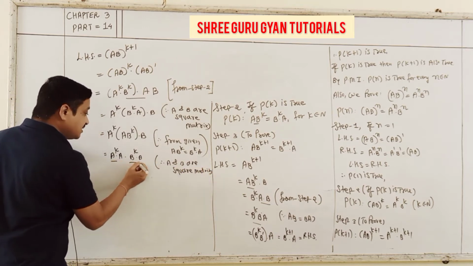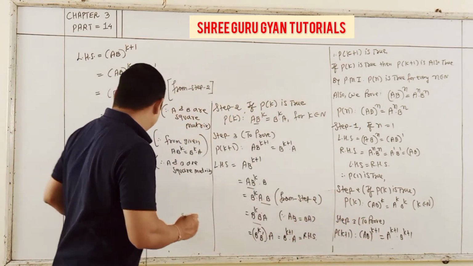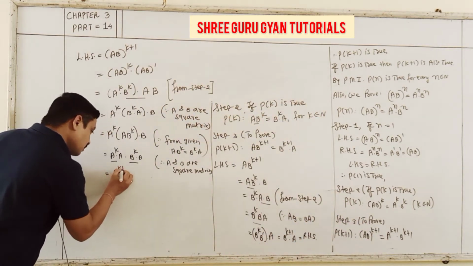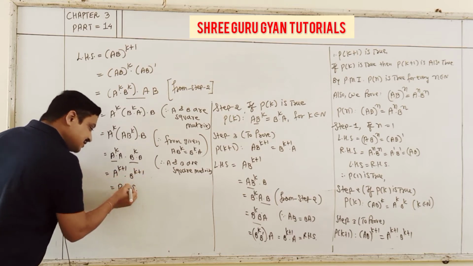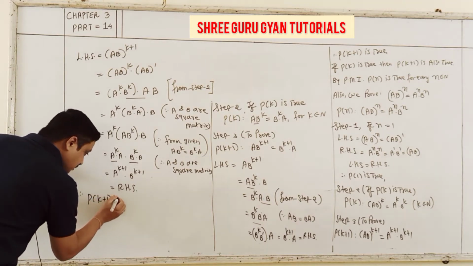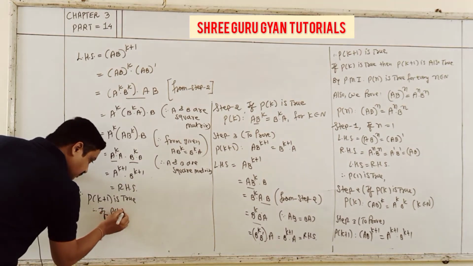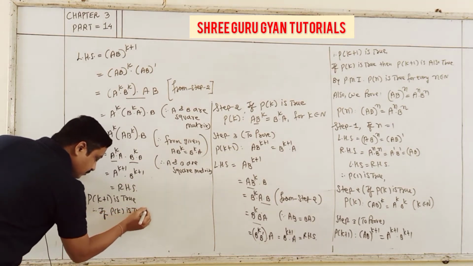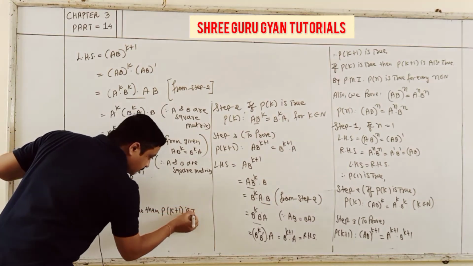So this and this are both the same. That's the proof. So A raised to k plus 1, B raised to k plus 1, that is your RHS. So finally done, P of k plus 1 is true. So if P(k) is true, then P of k plus 1 is true.